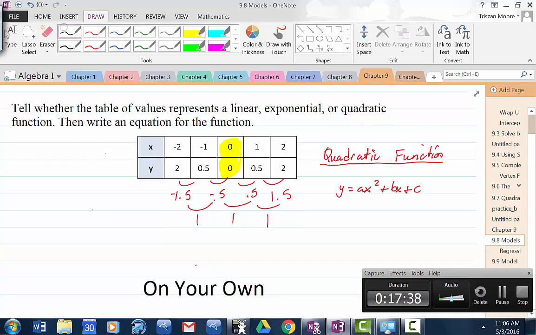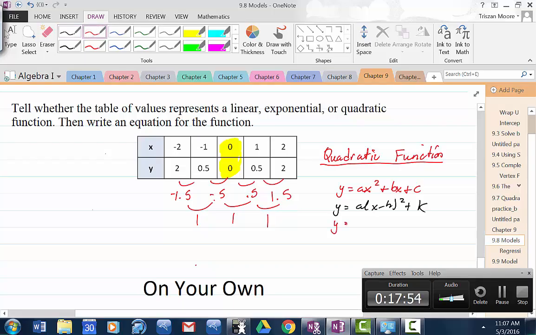So you can put it in that form if you want to, or you can put it in the form y equals a times (x minus h) squared plus k. Since you know what the vertex is already, I think that will be a little easier. The reason why is because y equals a times (x minus 0) squared plus 0, right? So y equals ax squared. We just got to find out what a is.